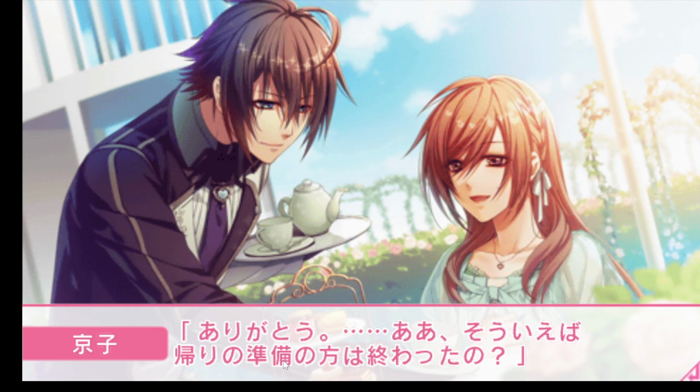Junbi is like preparations. Junbi no. Ho. Ho wa. Ho is pronounced differently with different kanji. Oh, okay. So it's ho wa. What is this? Owatta. Owaru. Verb owaru.